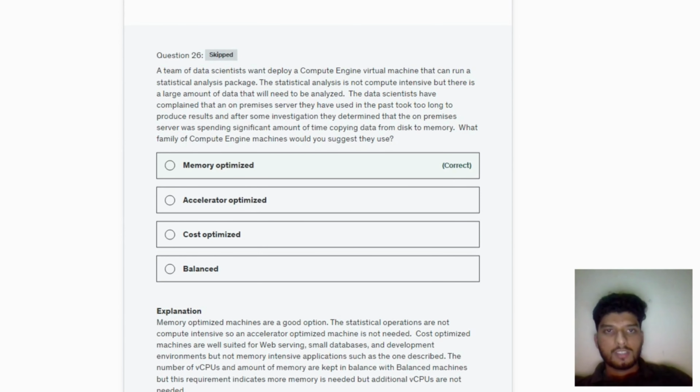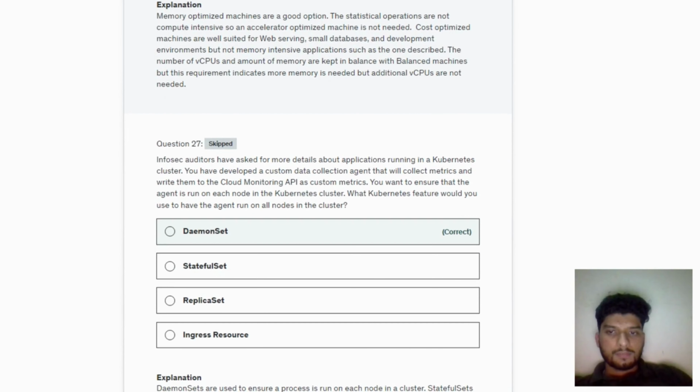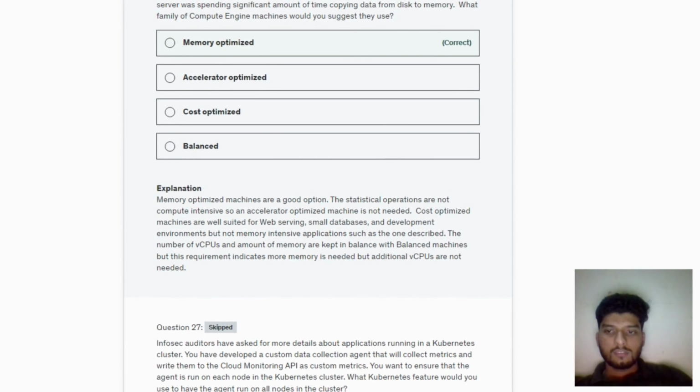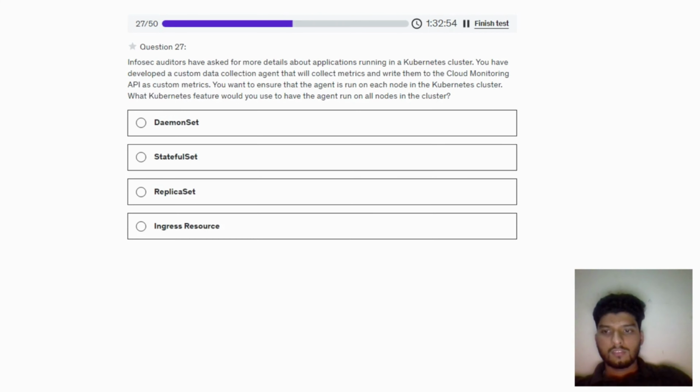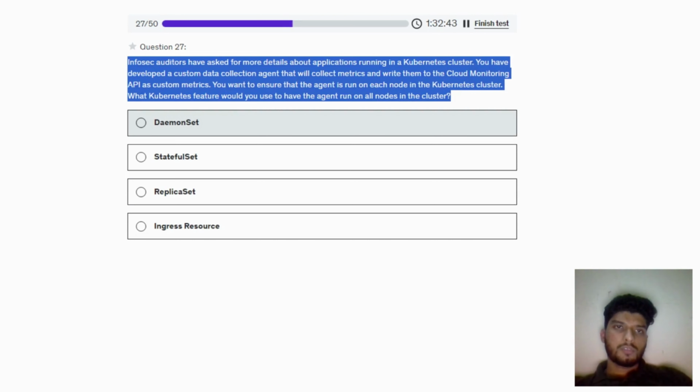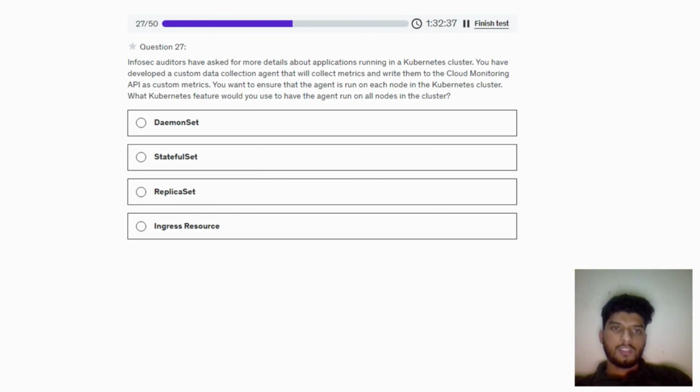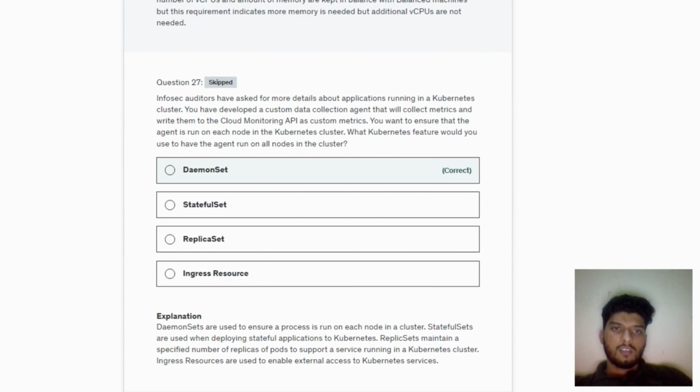So question number 27 is: here is question number 27, you have to select the right one option. So the right answer is DaemonSets, and DaemonSets are used to ensure a process runs on each node in a cluster.